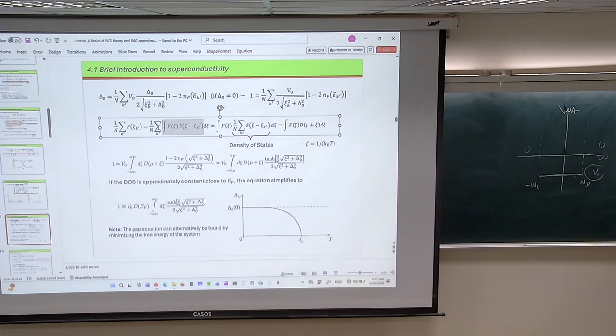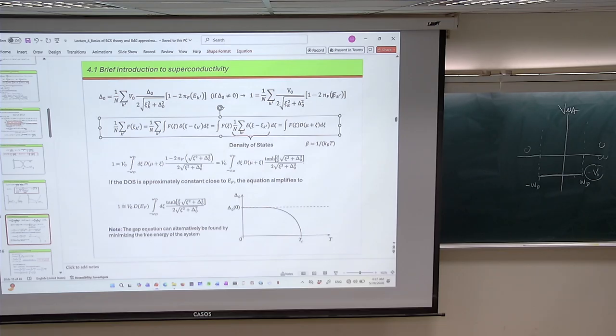But now I can put the sum inside and get inside this term 1 over n, the sum over the deltas, and this is the density of states. So then you can transform this sum over k into an integral involving the density of states. The density of states here depends on the chemical potential and, of course, this variable of integration.